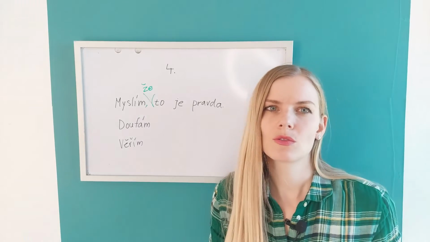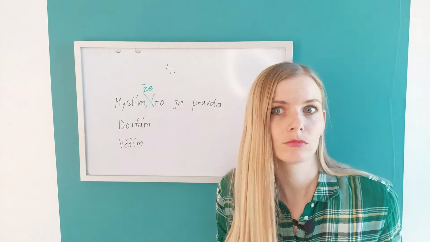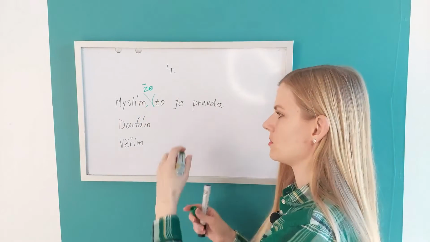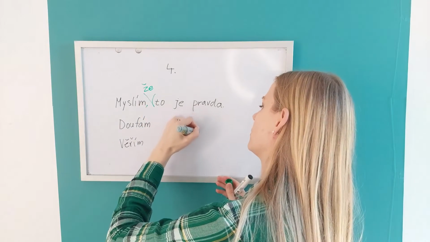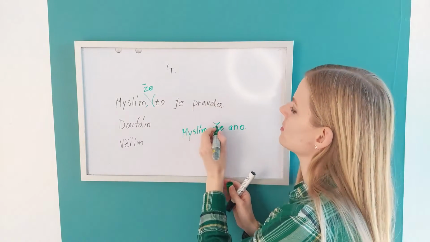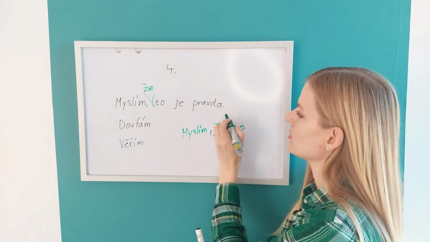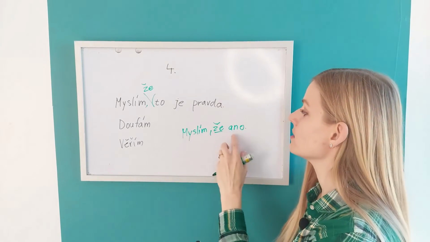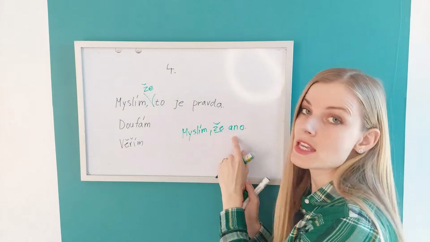And by the way, if you want to say I hope so or I think so, in Czech, you say myslím, že ano. Even though there is no verb after, we still use it because there is a word after it. So we use this že to connect these two ideas. I think that yes.